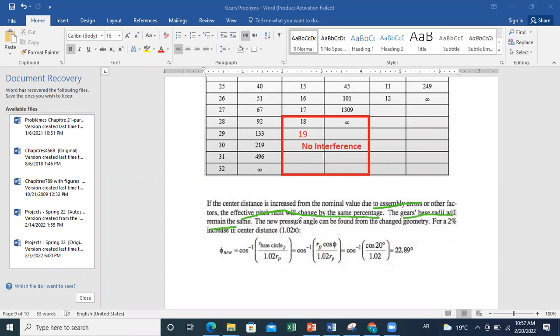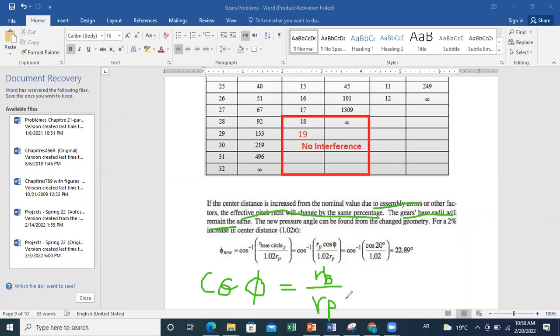If you want to get the new pressure angle, you know that it is defined this way: cosine phi is equal to the base radius, RB, over the pitch radius, RP.